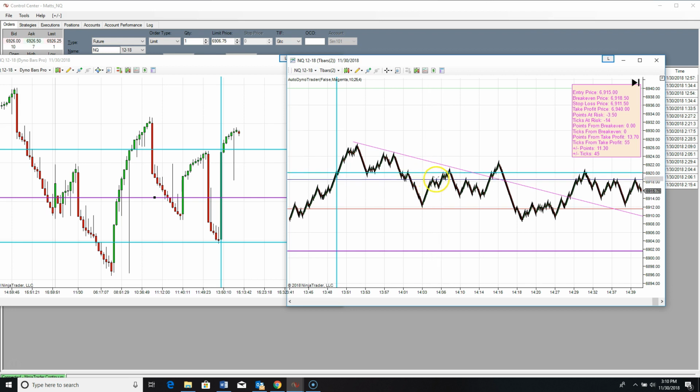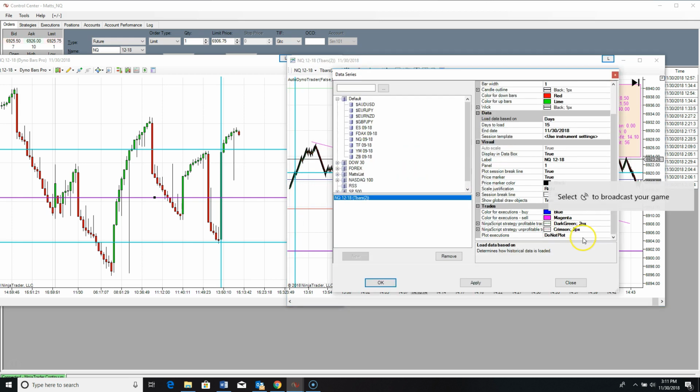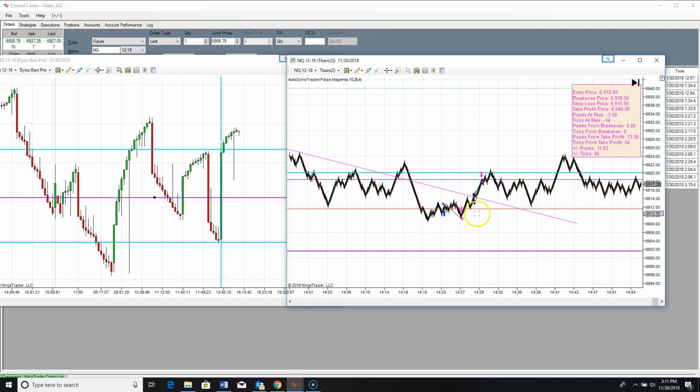Yeah, I think I drew a trend line on this pivot right there. And I think, yeah, my stop was down here. We got stopped out on that one. Actually, let me see. Data series, markers only, apply. Maybe okay, it was over here.